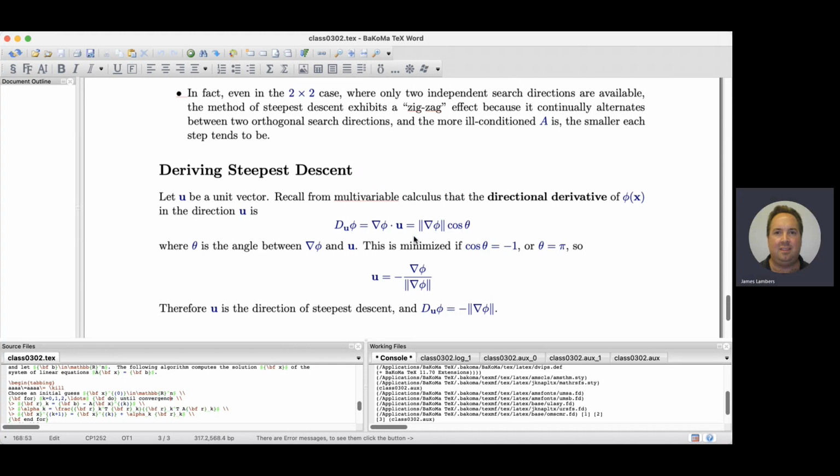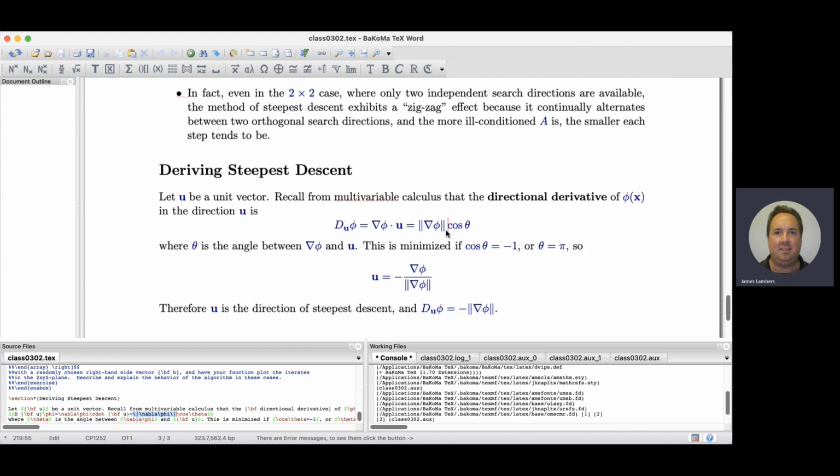So we want the direction of steepest descent. We want the function phi to decrease, so we want this to be as small as possible. This magnitude is fixed regardless of the direction of u, and right here we have cosine between -1 and 1. So we want cosine to be equal to -1.